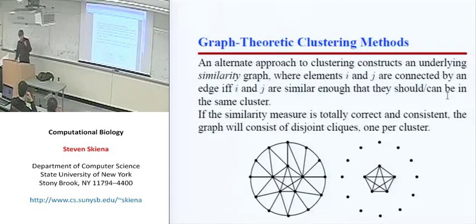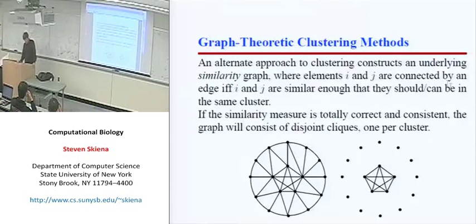And then you put an edge between every pair of things that are similar enough to be interesting. You have some notion of similar enough, maybe that the distance is small, or a specific ad hoc distance function you may find reflects something interesting. But once you get this, you get a graph, possibly a weighted graph, with edges between similar things, where the weights would reflect how similar they are.